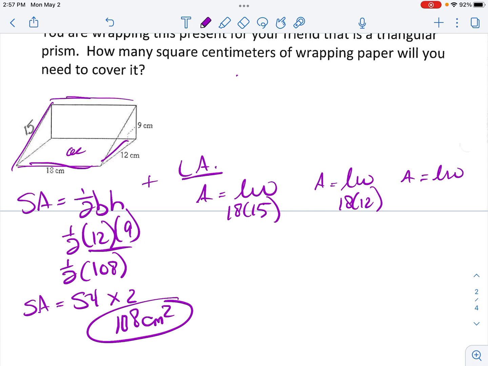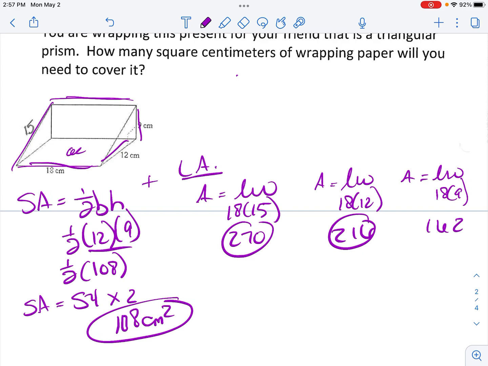And then this back side, 18 by 9. Okay, so I can find the area of those. 18 times 15 is 270. 18 times 12 is 216. 18 times 9 is 162.